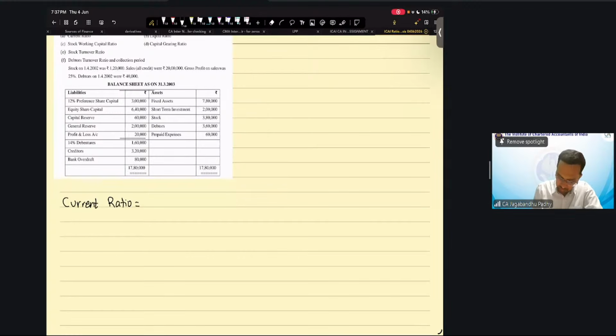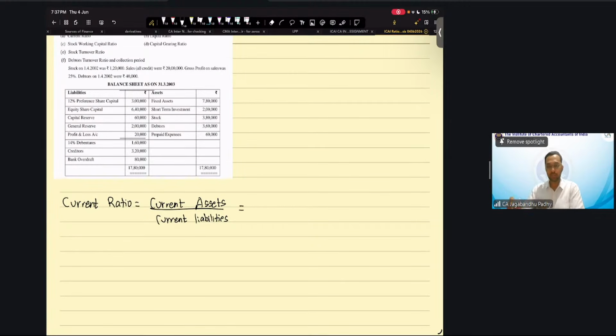Perfect. So we have the formula for current ratio available with us, which is current assets upon current liabilities.